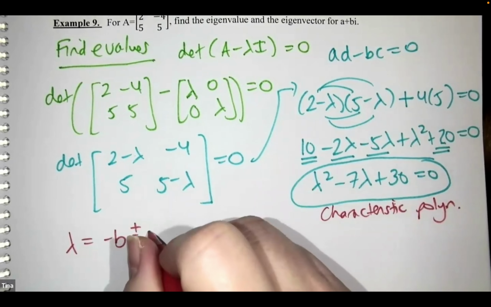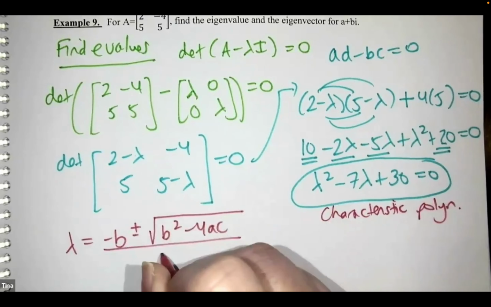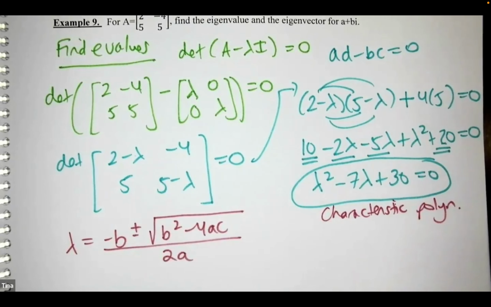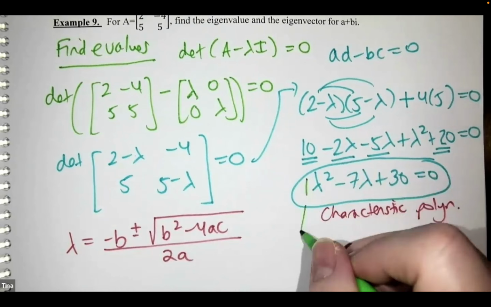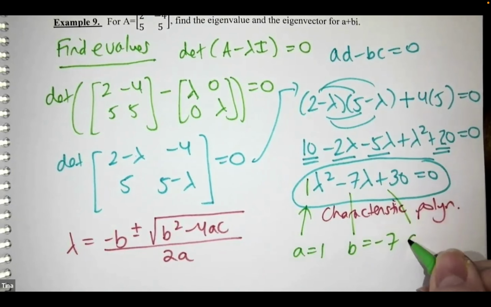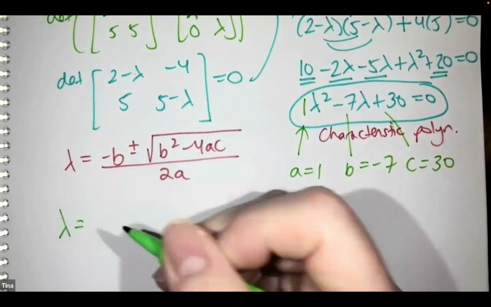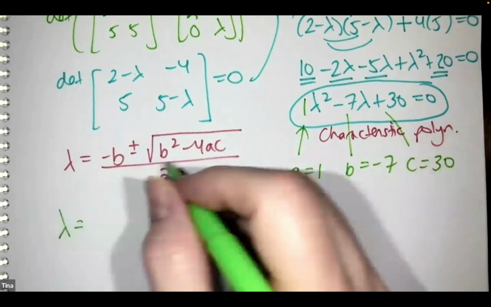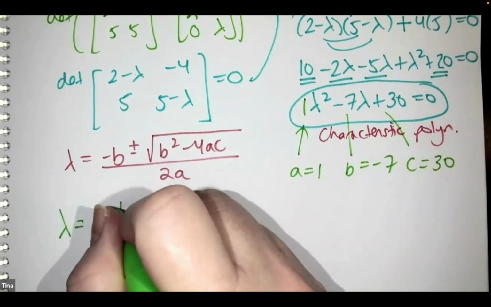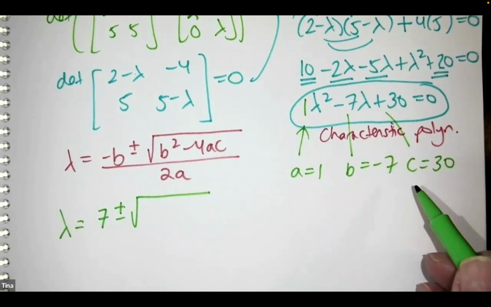So lambda is negative b plus or minus the square root of b squared minus 4ac, all over 2a. So if I add a 1 in there, that's my a. B is negative 7 and c is 30. Okay, so negative b, so negative 7 is 7, plus or minus the square root of b squared.